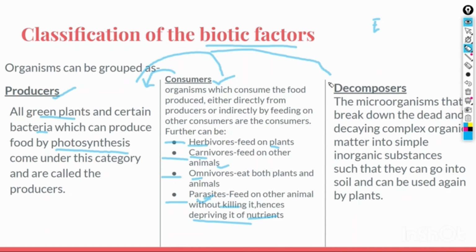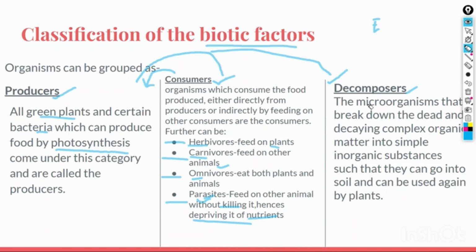Then we have the third type of biotic organisms, which are the decomposers, which are very important for our environment. Once a person dies or a plant dies or any living organism dies, we cannot leave it there as it is. That living matter has to be converted back to nutrients, and those nutrients need to go into the soil again for the reincarnation of life. That job is done by the decomposers.